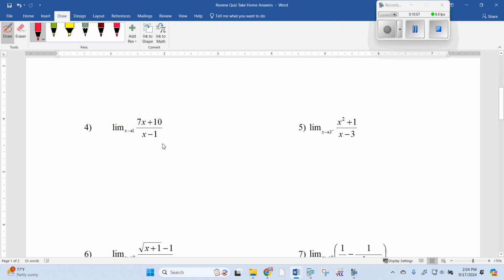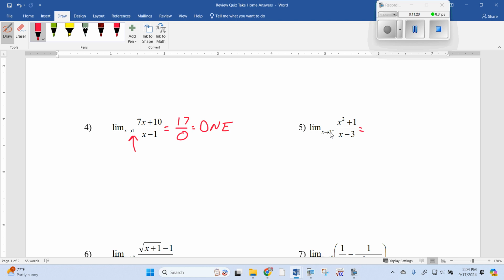We have the limit as x approaches 1 of 7x plus 10 over x minus 1. If we put that 1 in, we get 17 over 0. But because our limit here is not from the right or from the left, this limit does not exist, because from one way it's positive and from the other way it's negative.